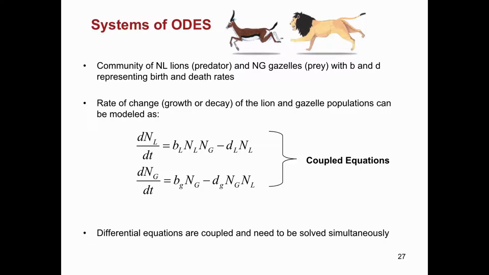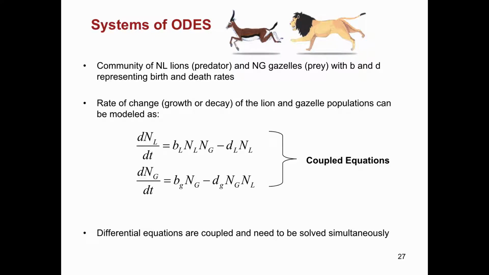For such a system of equations, instead of having dy/dt as a function of y and t, I now have two of them. I have dy/dt as a function of y, but also something else, z, and t. And dz/dt is another function, also depending on both of those functions and possibly time itself.